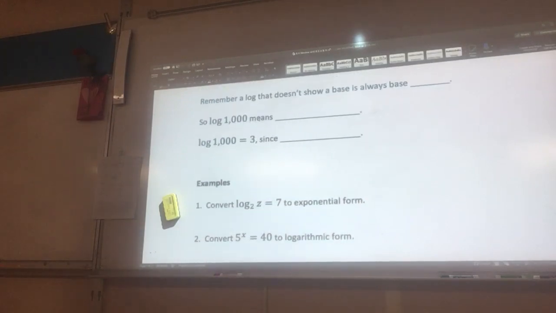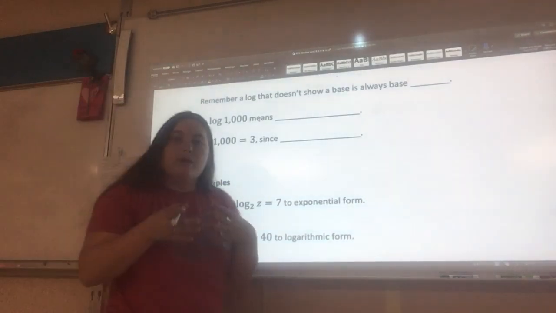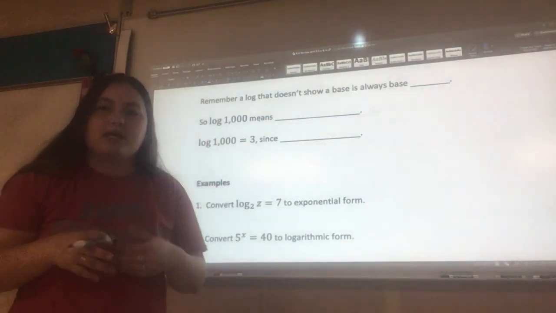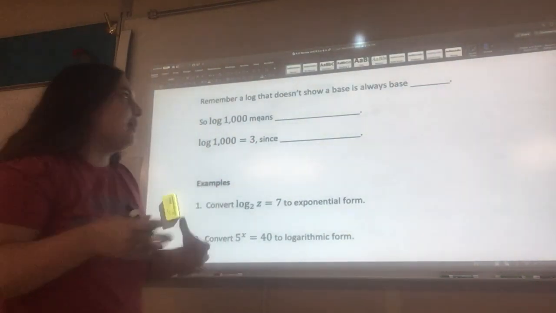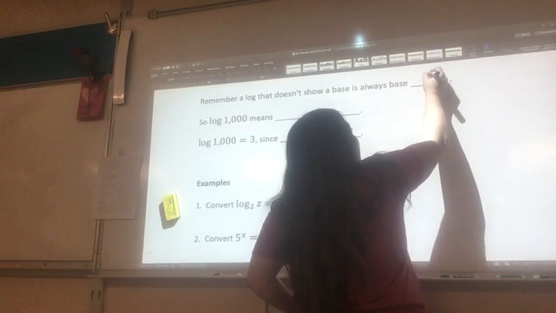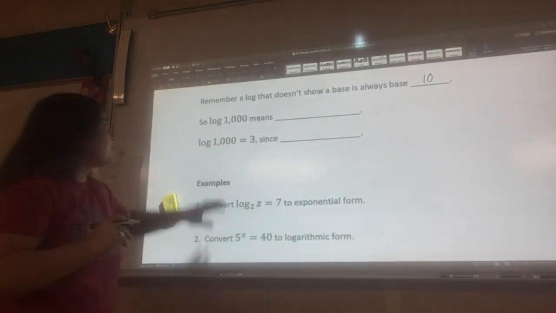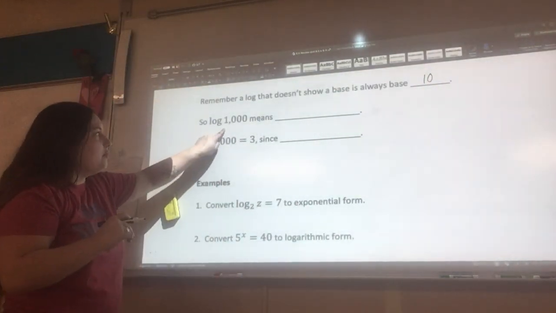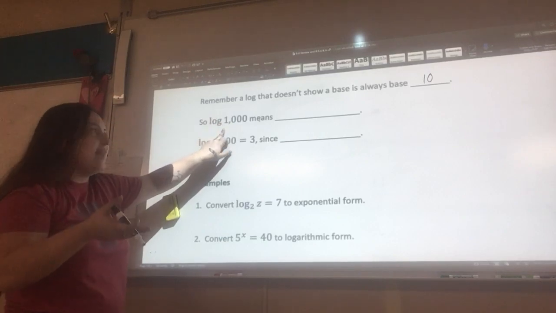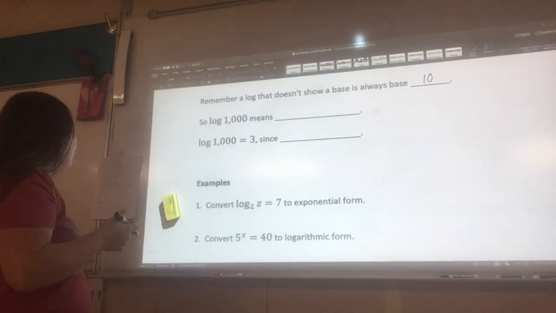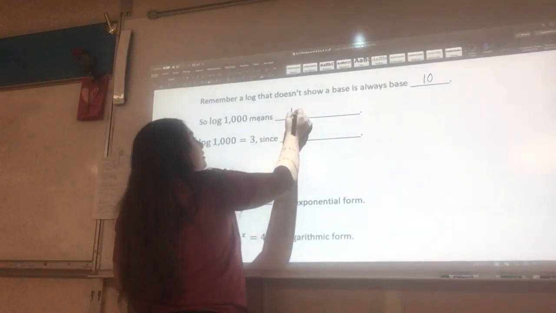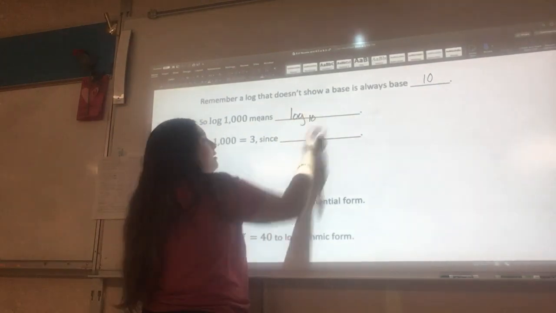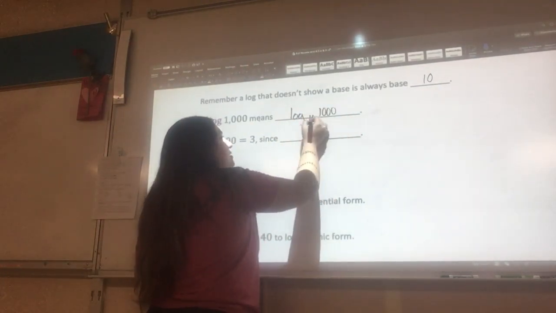We also need to remember a log that doesn't show a base. It's invisible, there is no base. It means it's the same thing as base 10. So just like here, log with no base means log base 10 of 1,000. This is just invisible.